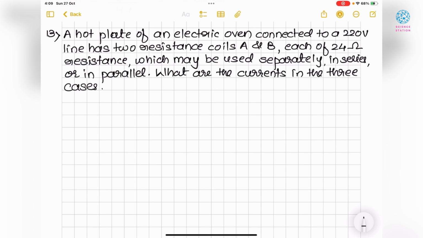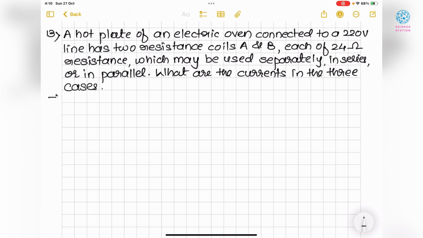Now 13th numerical says a hot plate of an electric oven connected to a 220 volt line has two resistance coils A and B, each of 24 ohm resistance, which may be used separately, in series or in parallel. What are the currents in the three cases?